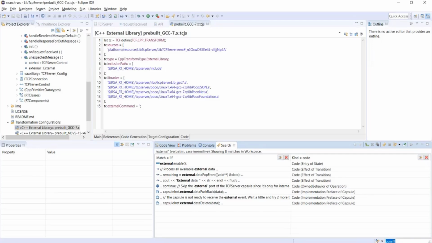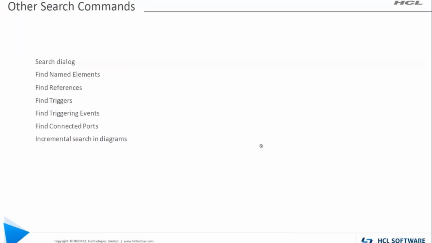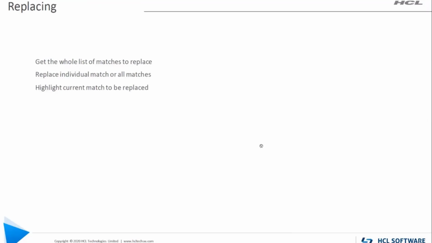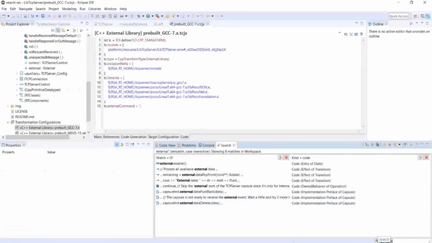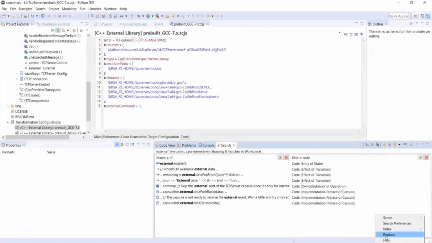For example, you want to replace the word start with the word begin. In this case, you can select the replace item from the search menu, having that start in the search field.